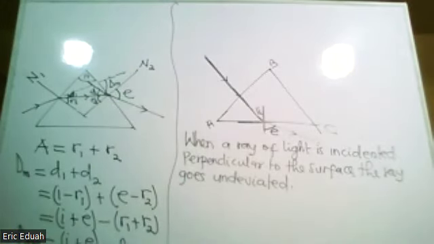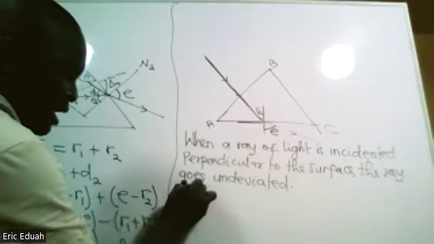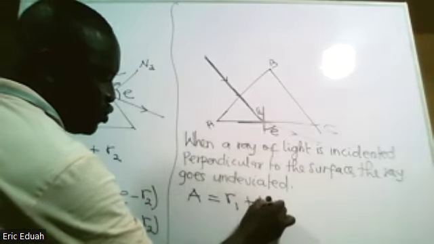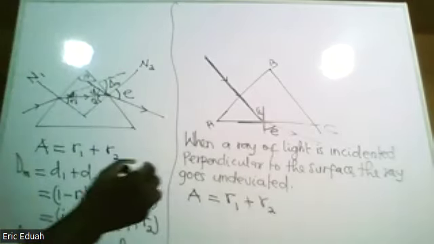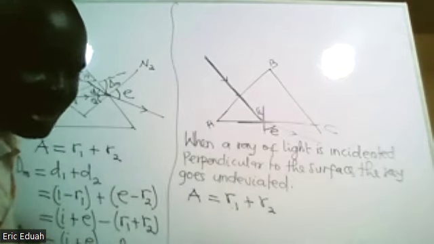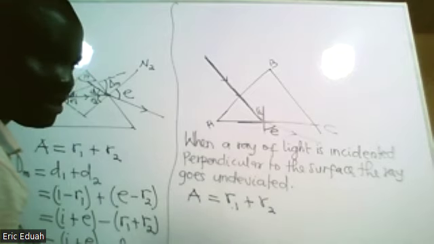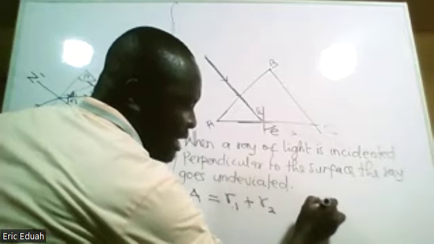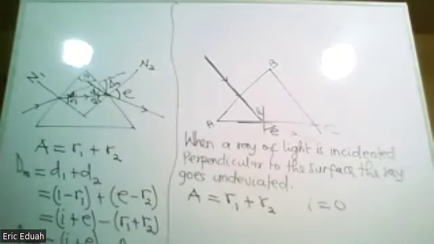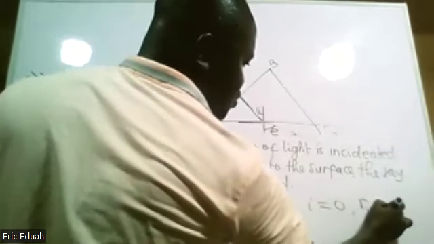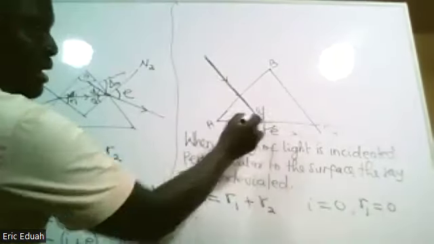Okay, so when you use this relation that A is equal to R1 plus R2, R1 is 0 because the ray never got deviated. The angle of incidence I is equal to 0, and therefore R1 is equal to 0. This becomes R2.